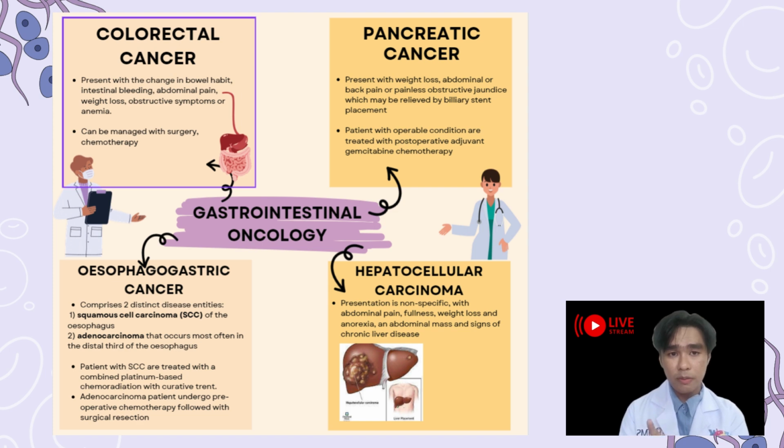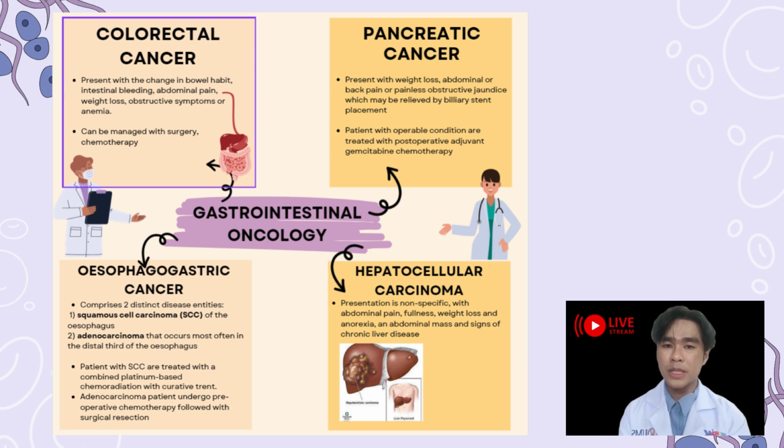For the first type, which is SCC, the patient will undergo what we call combined platinum-based chemoradiation with curative intent. As for patients that experience the second type, the adenocarcinoma, the patient will undergo pre-operative chemotherapy followed by surgical resection.